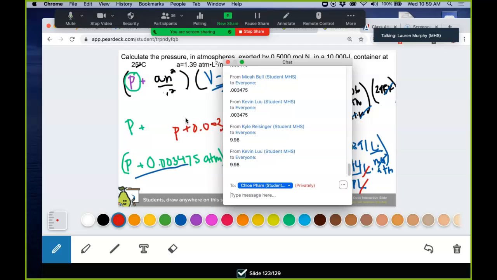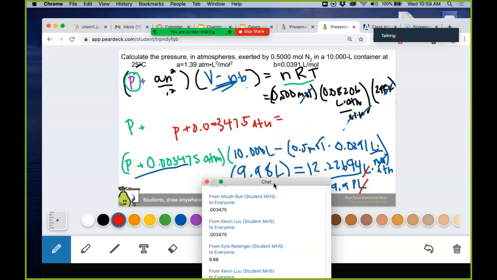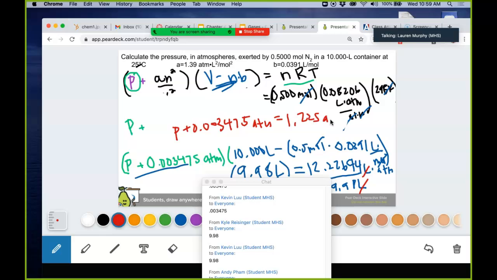Anybody have that number? 12.22694 divided by 9.98 is 1.225 something something something atmospheres.